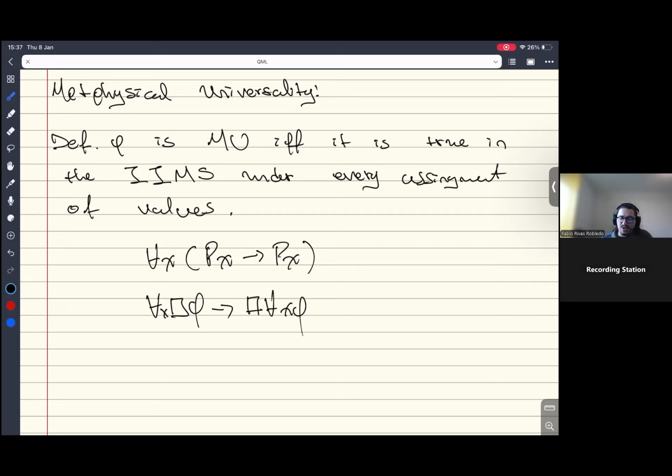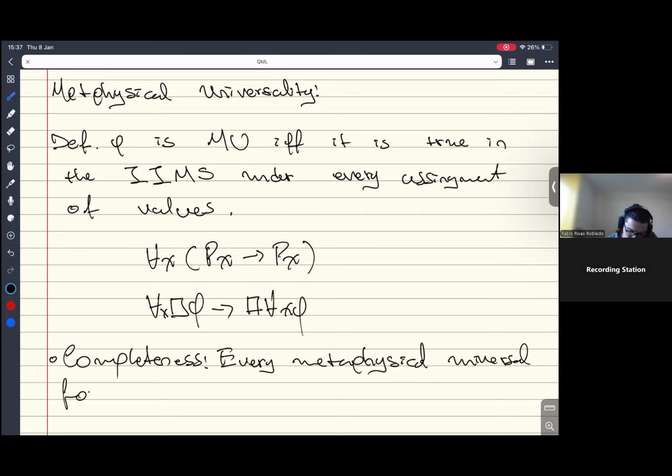So what we are doing right now is not going for our classical soundness and completeness theorem, but when it comes to completeness, what we're going for is to show that every metaphysically universal formula is a theorem.